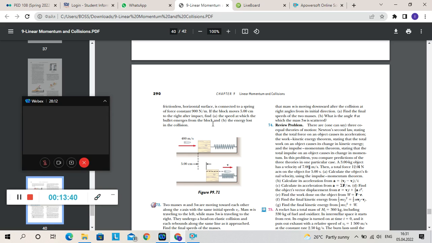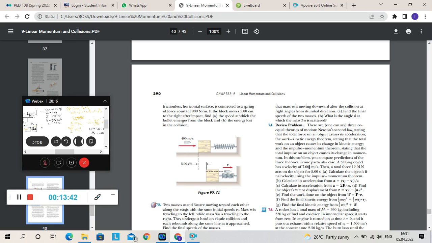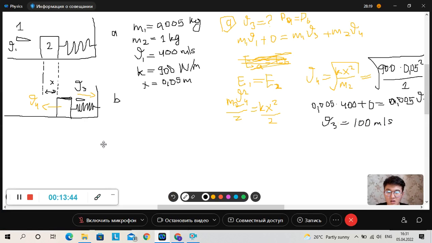Next question, we need to find the energy loss in the collision.